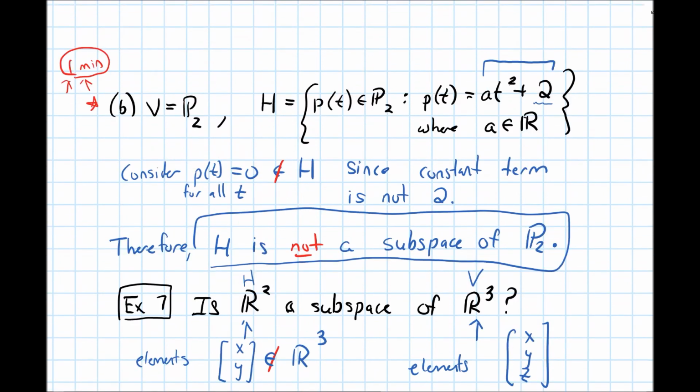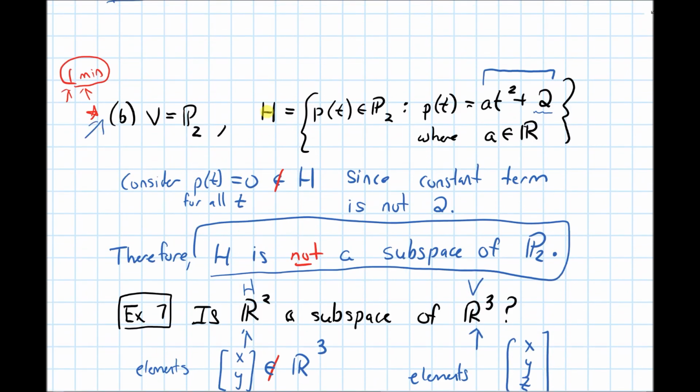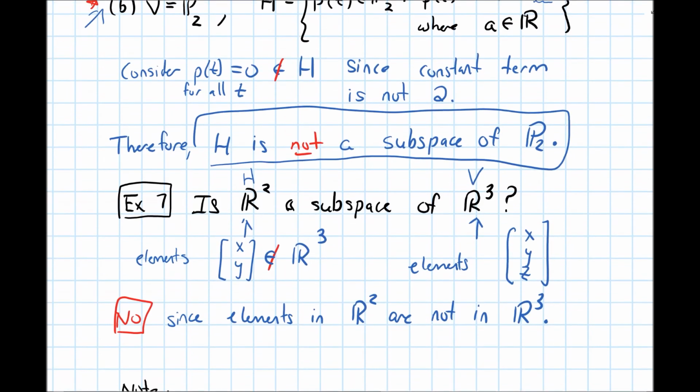For example, in the earlier example, the things in H were polynomials in P2 with some additional property, but they're in P2 for sure. And our vector space was P2. So that's important. The things in H need to be inside the universe of V. But in example 7, the things in R2 are not in the universe of R3. They're not elements of R3.